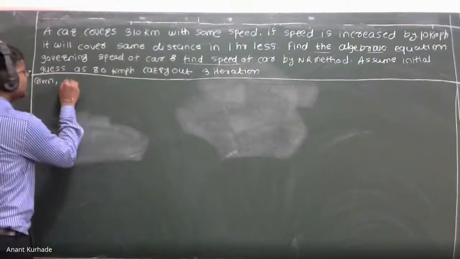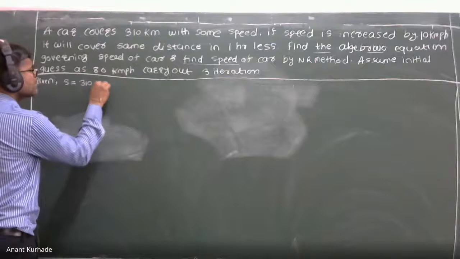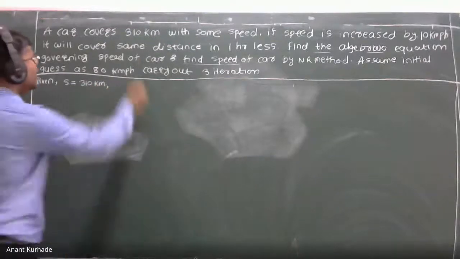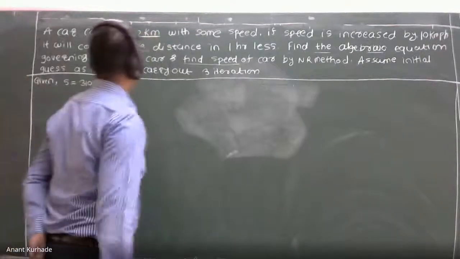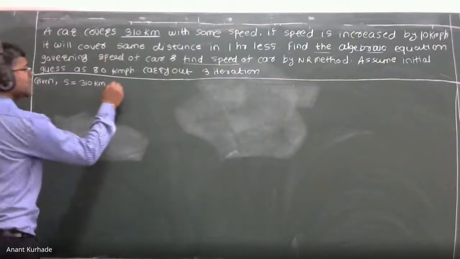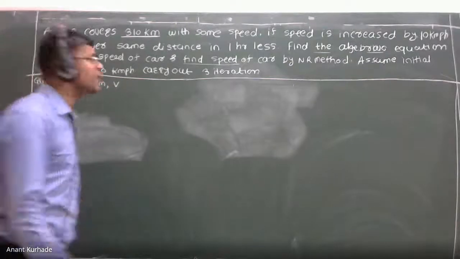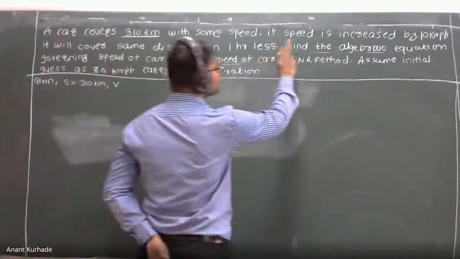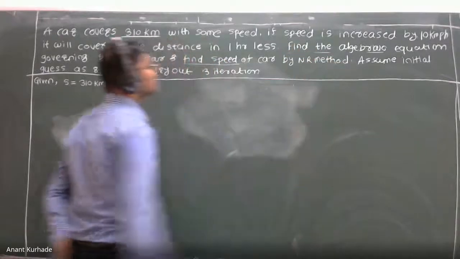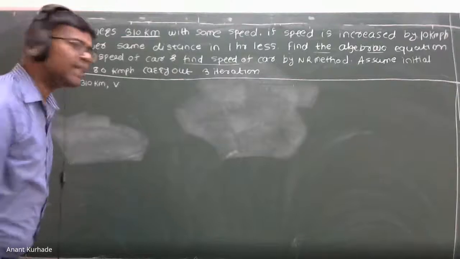You can say S is equal to 310 kilometer. This is the first parameter. Next, with some speed, we don't know that speed. Let's consider that speed as v. Next, if speed is increased by 10 kilometer per hour.